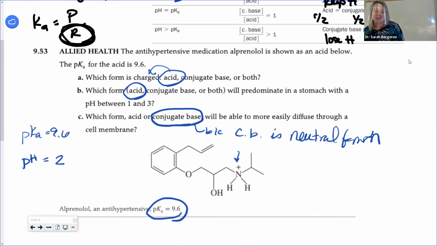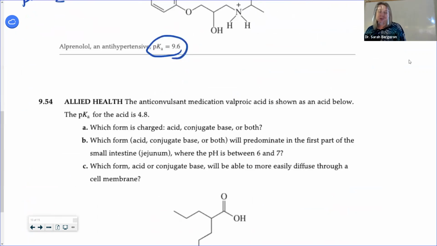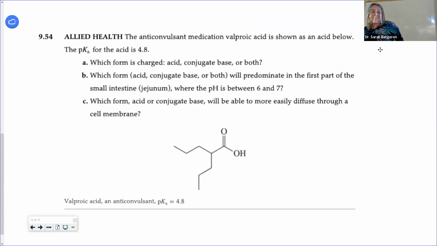Okay, so let's kind of apply this. This is an example medication. It's an anticonvulsant, valproic acid. It is shown as an acid below. The pKa for the acid is 4.8. A, which form is charged?